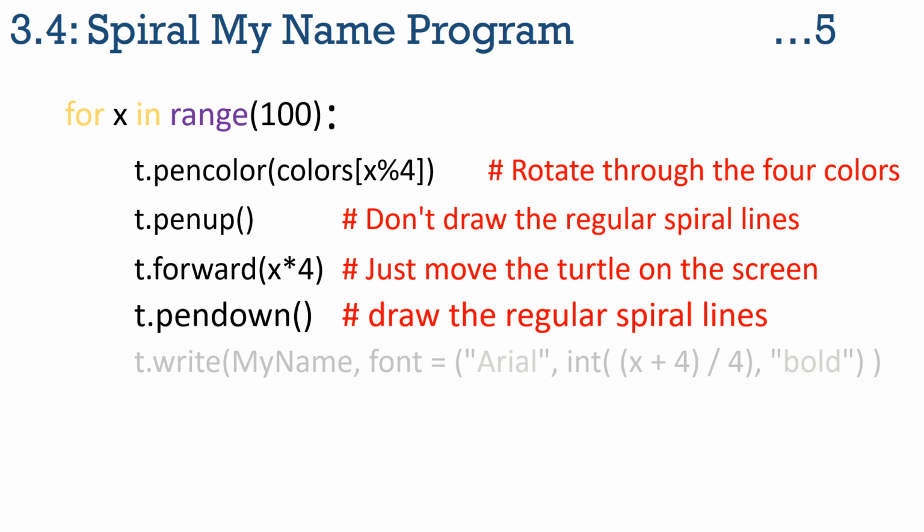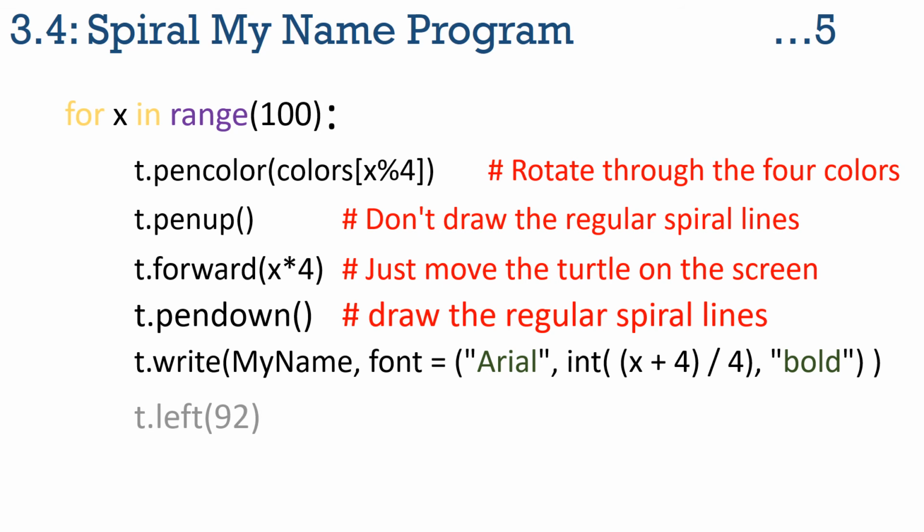We will use t.write to show the name that is stored or captured in the my_name variable. t.right is the command used to change the direction of the turtle on the screen.